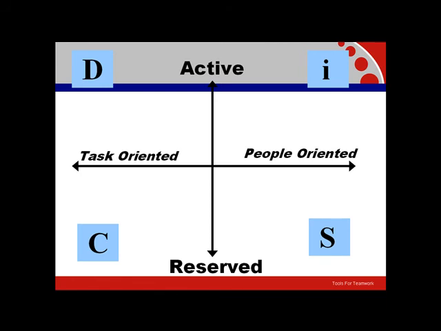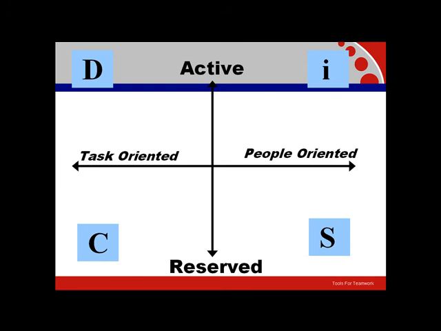And finally, if you are task-oriented and reserved, you fall into the high C category. And the high C stands for things like conscientious or compliant. High Cs tend to be rule followers who make sure things are done in great detail and done the right way.